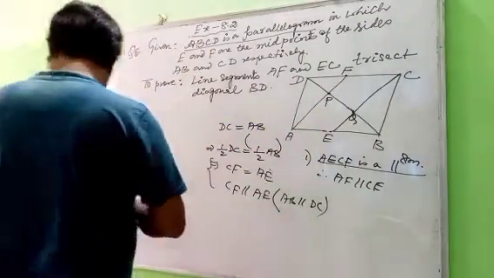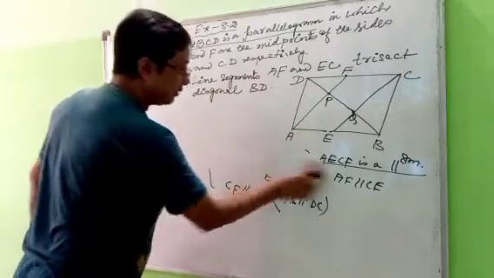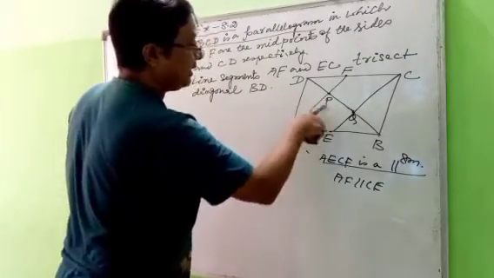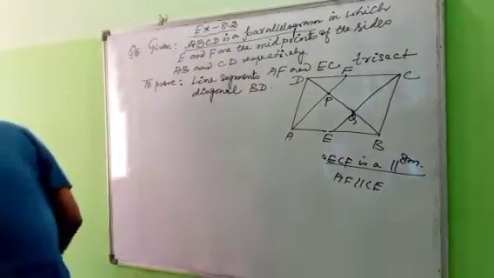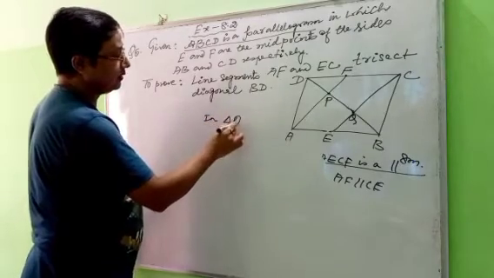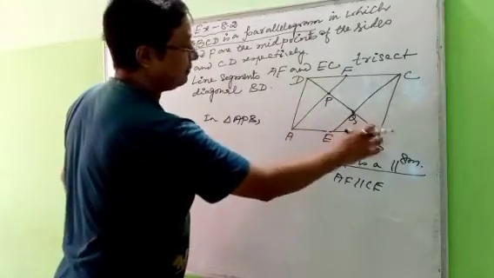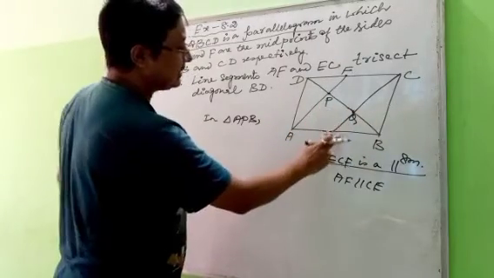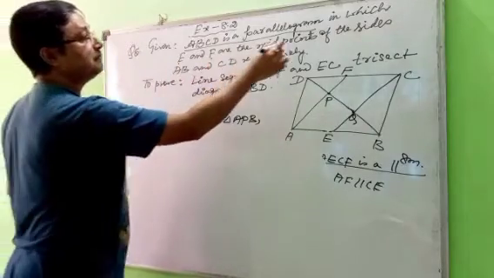Now you take the triangle, say triangle APB. In this triangle APB, E is the midpoint of the side AB, because they have given that E and F are the midpoints.